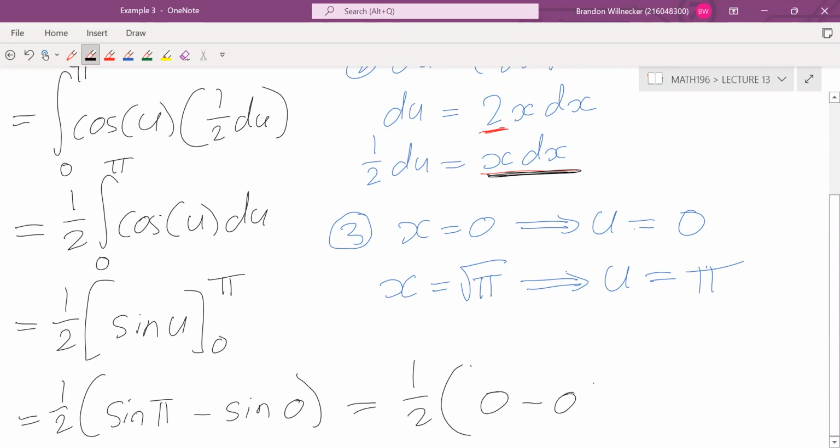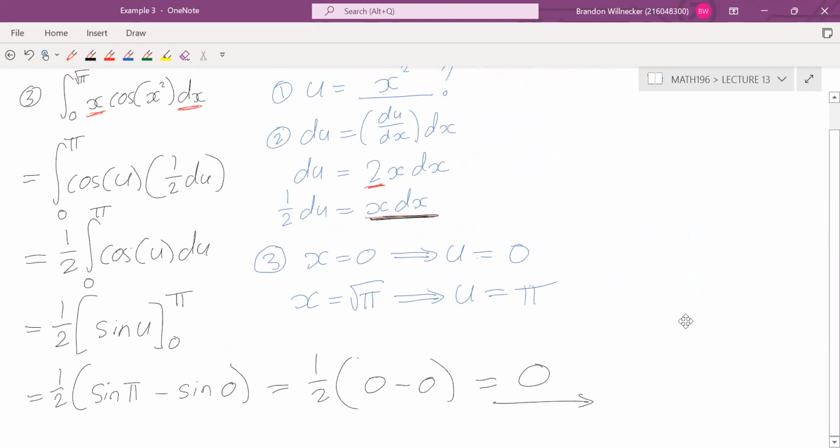Sine of 0 is also 0. So we get 0 at the end. Okay, so again, we went from a complicated integral to a simple integral. But remember that we have to change the bounds. That's the only thing you need to remember for these definite integrals.